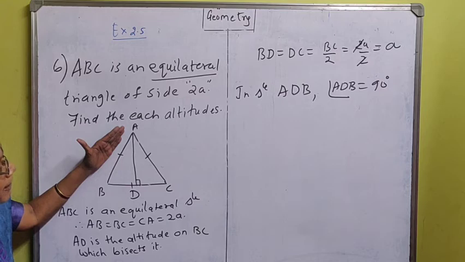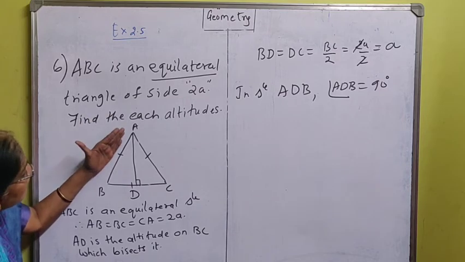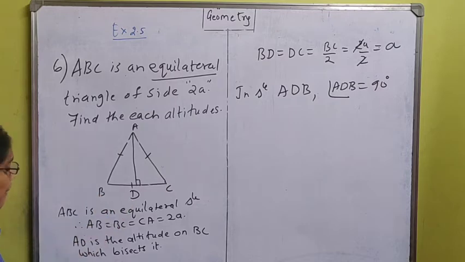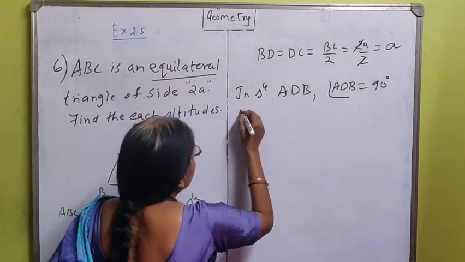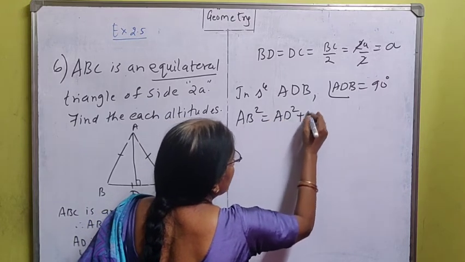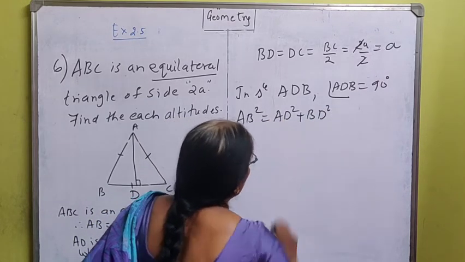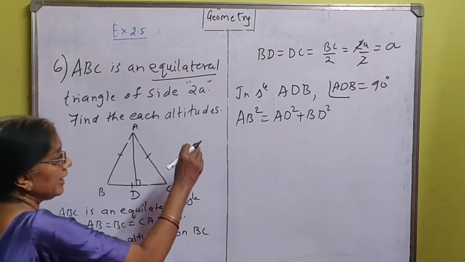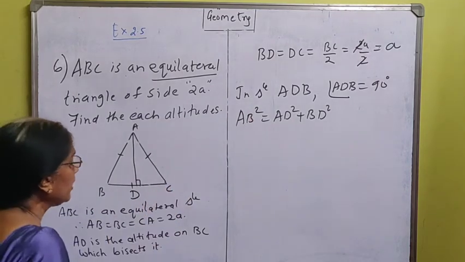AB. So what will we get from the Pythagoras theorem? AB square is equal to AD square plus BD square. So in a right angle triangle, you got this. Now we have the value of AB and the value of BD.